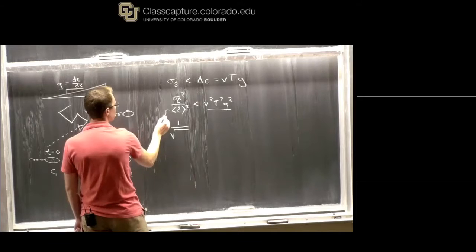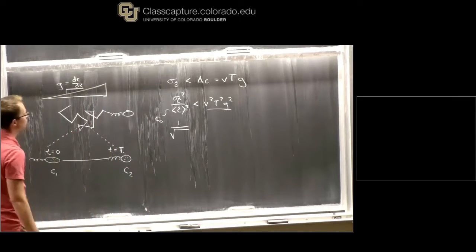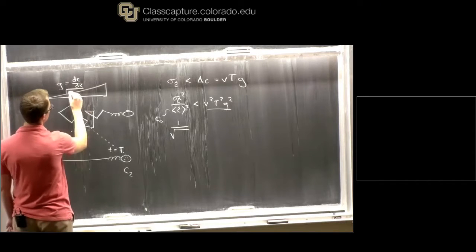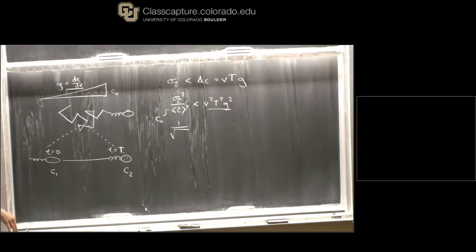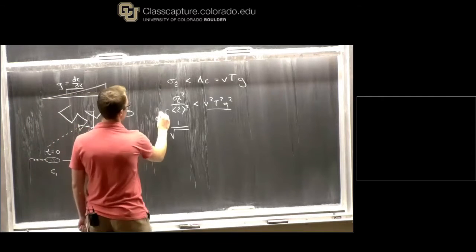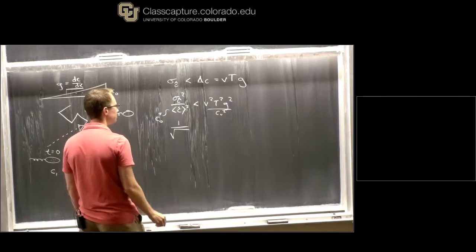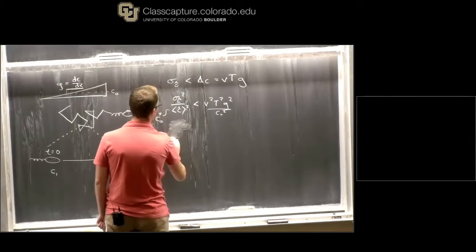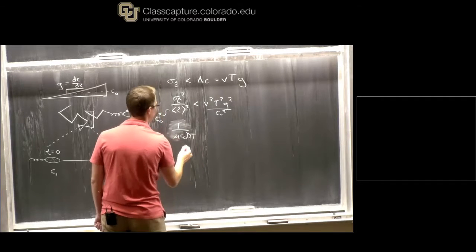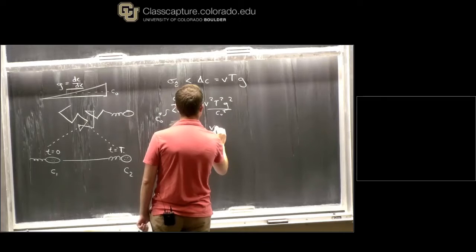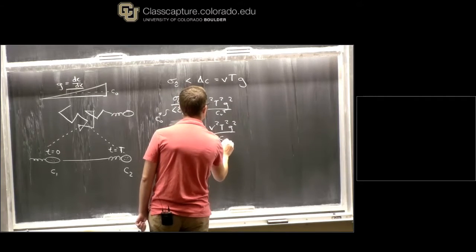And I'm going to assume that this is on the order of the actual mean concentration C naught. Let's say that the background concentration on which this gradient is on top of it is C naught. So this would be a C naught squared. So for this, I'm going to put in 1 over a C naught dt. That has to be less than v squared t squared g squared over C naught squared.